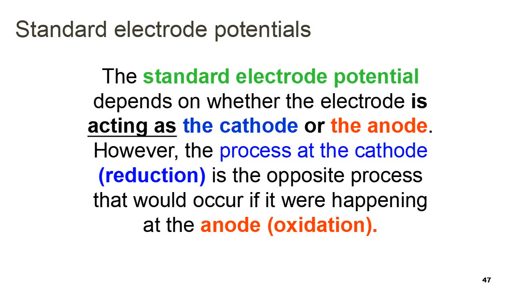Still, the standard electrode potential depends on whether the electrode is acting as the cathode or the anode. However, the process at the cathode, known as reduction, is the opposite process that would occur if it were happening at the anode, i.e. oxidation.